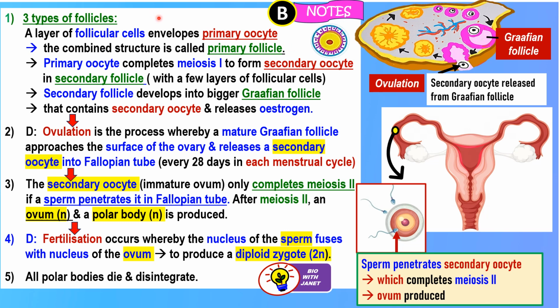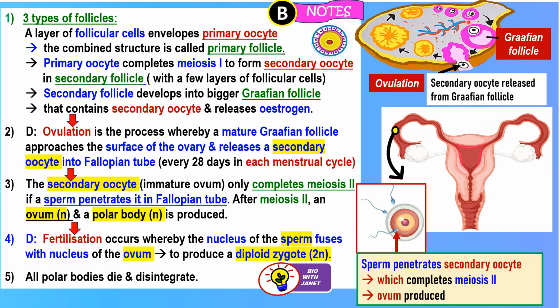So the three types of follicles. A layer of follicular cells envelopes the primary oocyte, as seen here, and the combined structure is called the primary follicle. So primary follicle consists of the follicular cells plus the primary oocyte inside. Next, the primary oocyte completes meiosis 1 to form the secondary oocyte.